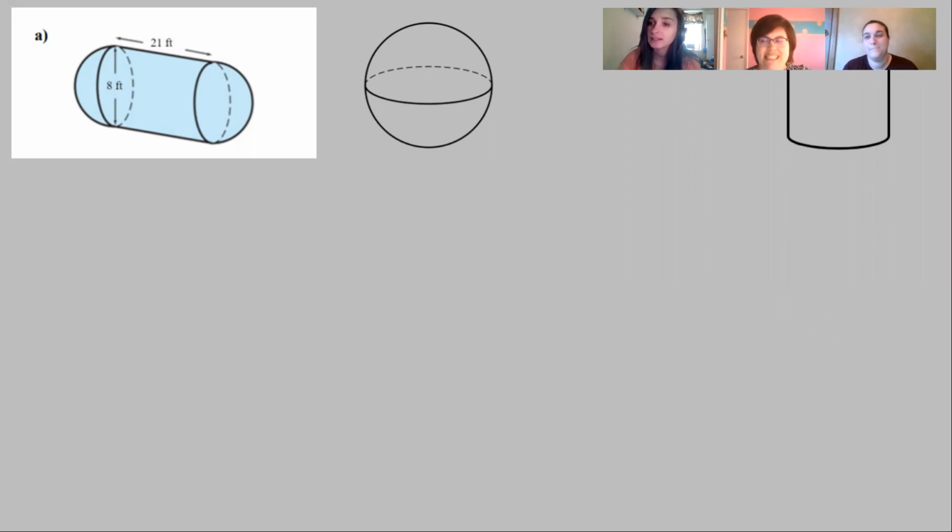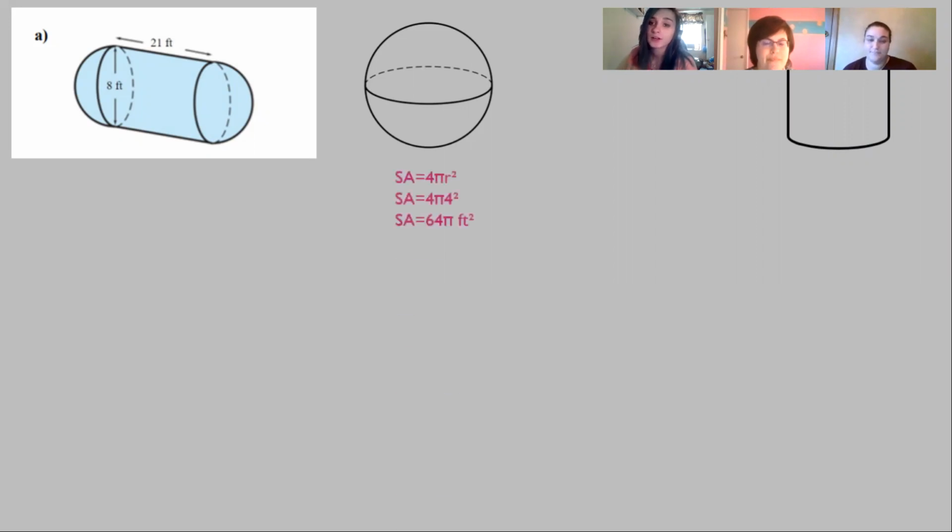So now I'm going to do it a little bit differently than Laura did. Instead of just putting all the formulas together, I'm going to go ahead and find the surface area of the sphere and then find the surface area of the cylinder and then add those together. And it works either way. You can do whichever one you want to. I just did this to show you that there is more than one way to do it.